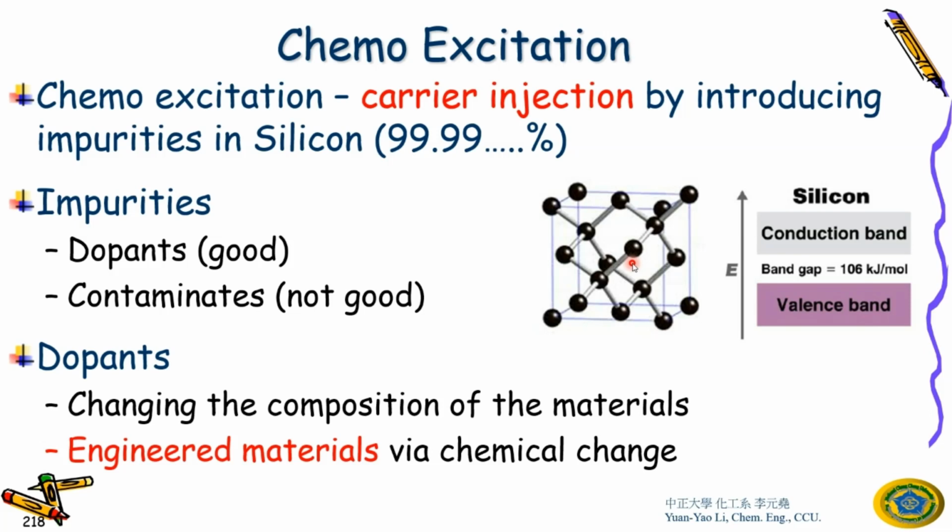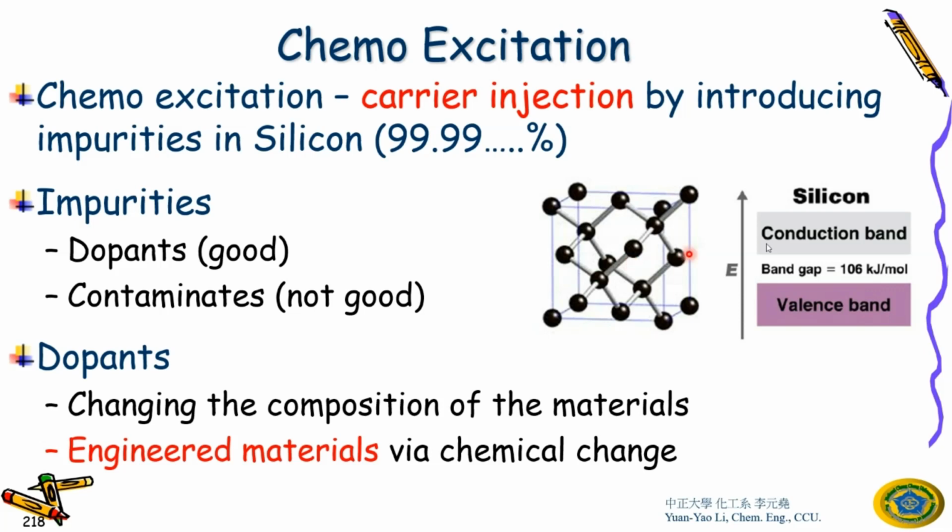I hope you still remember the term band gap engineering. Band gap engineering tells you that you manipulate the band gap by changing the compounds of the semiconductor. So this is also engineering.